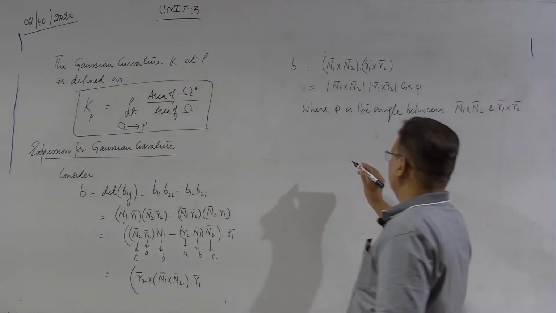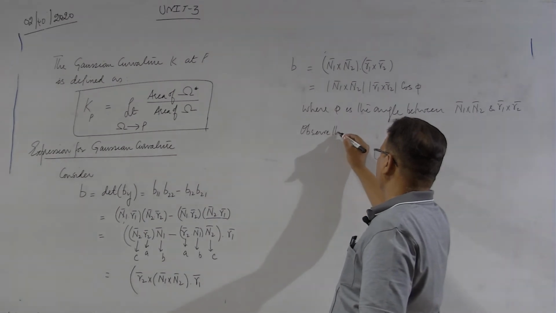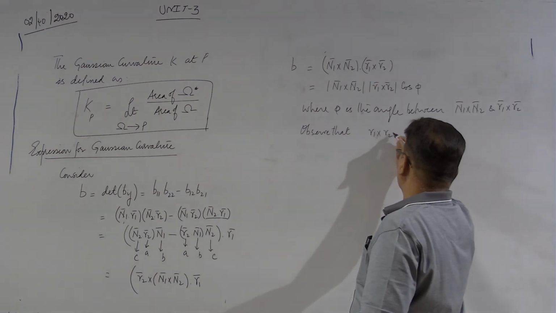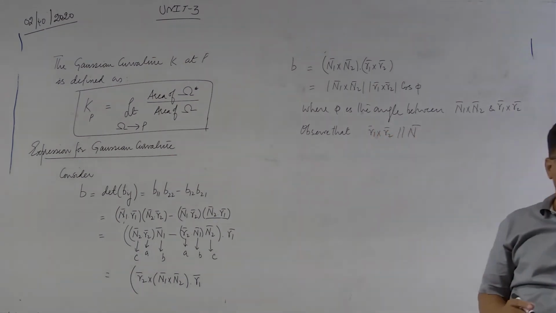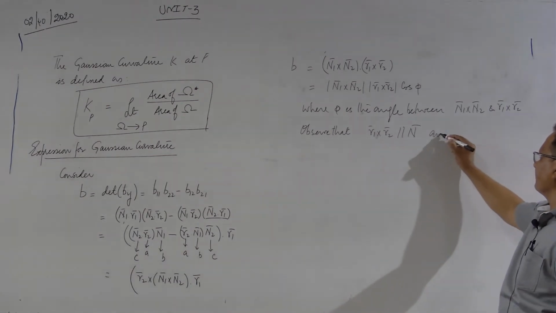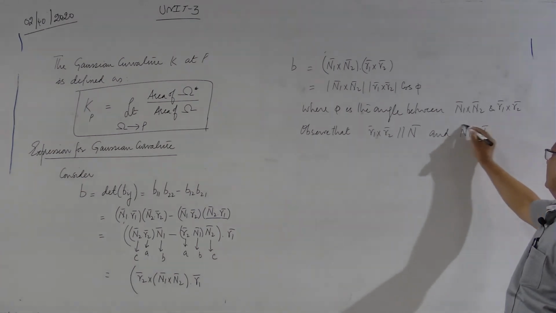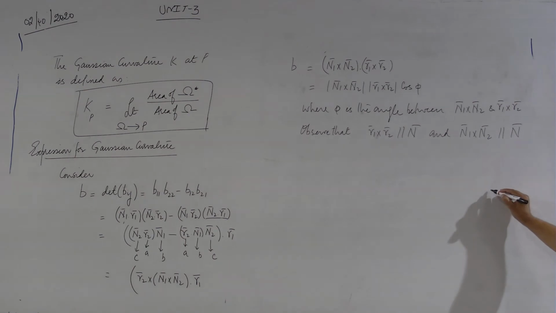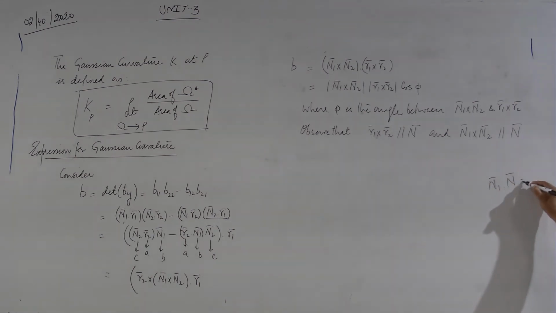Now, observe that R1 cross R2 is parallel to N, and N1 cross N2 is also parallel to N. Why? Because N1 dot N is 0, because N dot N is 1.